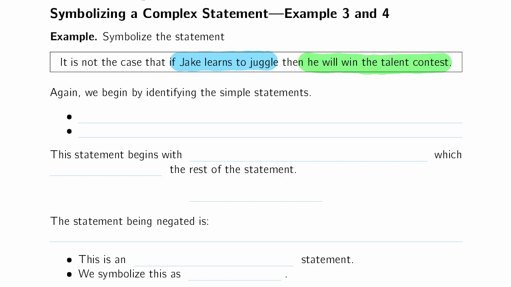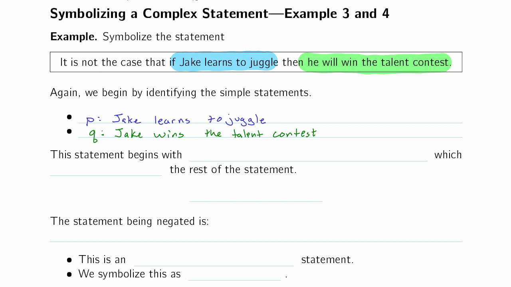Our simple statements are going to be Jake learns to juggle, we'll call that P, and Jake will win, or just Jake wins the talent contest. That's Q. Okay, how do we know what to do with this?